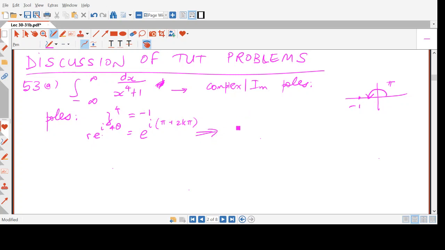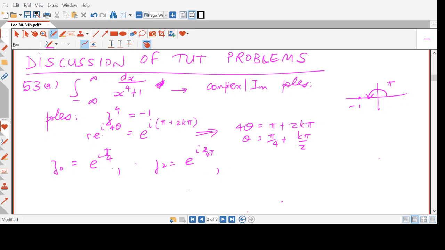So that straight away gives you that 4 theta is pi plus 2k pi, and then theta is pi over 4 plus k pi over 2. So we'll get now coordinates for z. Z0 equals e to the I pi over 4. The radius there, of course, is 1 in this case here. Z1 is e to the I, and k is 1, is half plus 1/4 which is 3/4 pi.